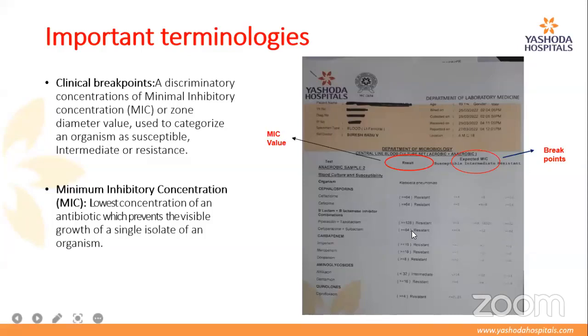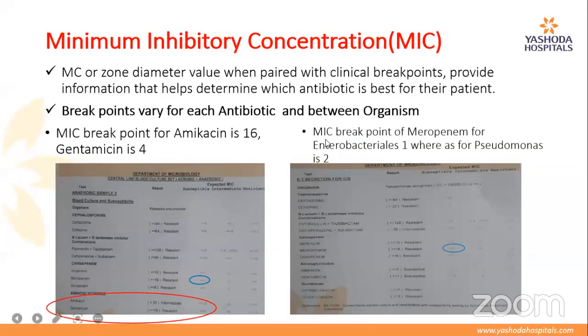Here, for meropenem, the breakpoint for Pseudomonas is 2, whereas for the Enterobacteriaceae it is 1. So breakpoints vary from antibiotic to antibiotic and from organism to organism.